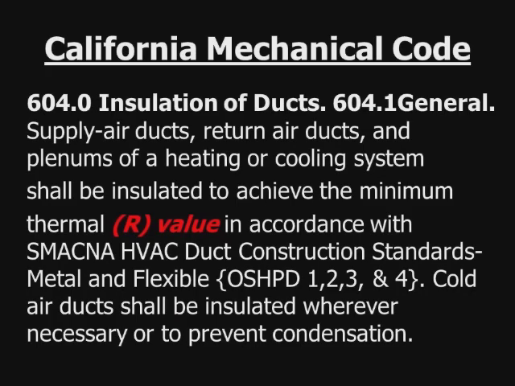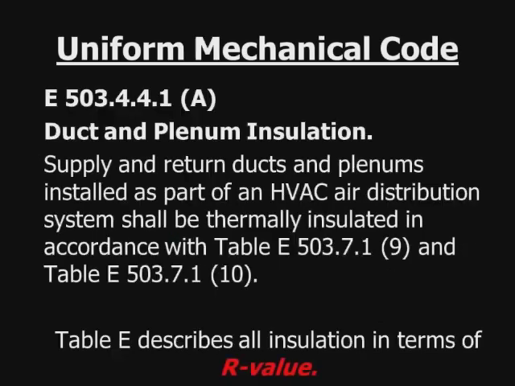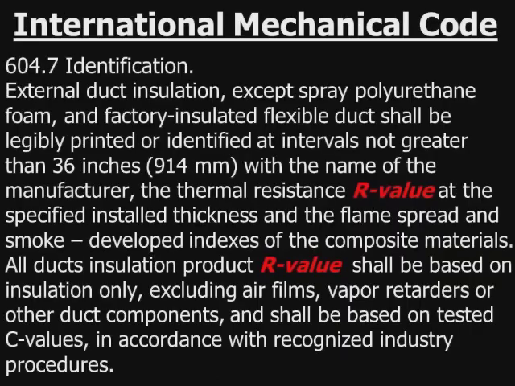For example, in California Mechanical Code 604.0, when they talk about insulation of ducts, they talk about R value and R value only. Moving on to Uniform Mechanical Code, they refer to Table E on pages 9 and 10, and if you go to that table, everything is described in terms of R value.